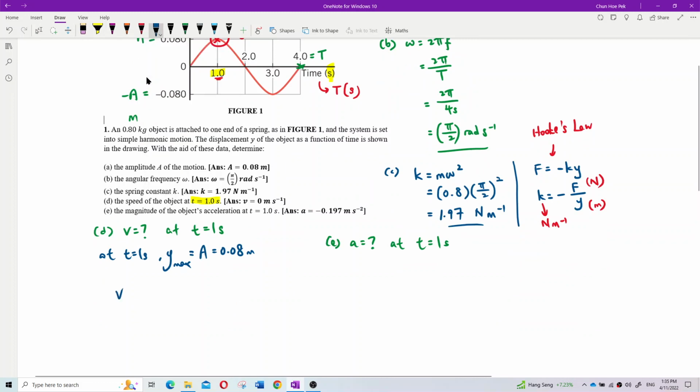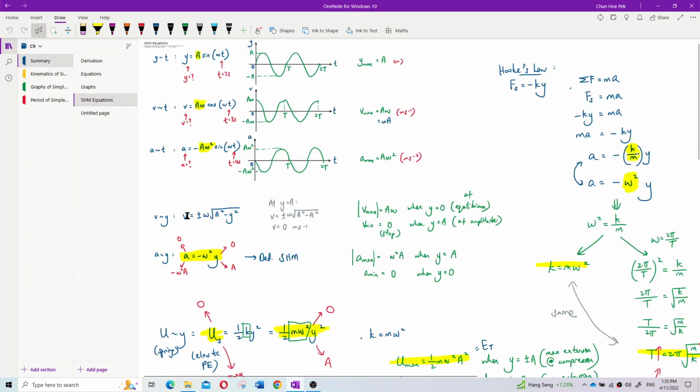To find velocity, because we already know the displacement, we use the velocity-displacement equation, not the more complicated velocity-time one: v equals plus minus omega square root of a squared minus y squared. Use this one. Understand?